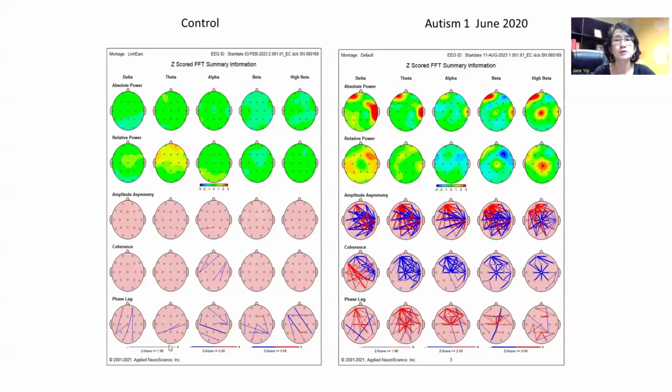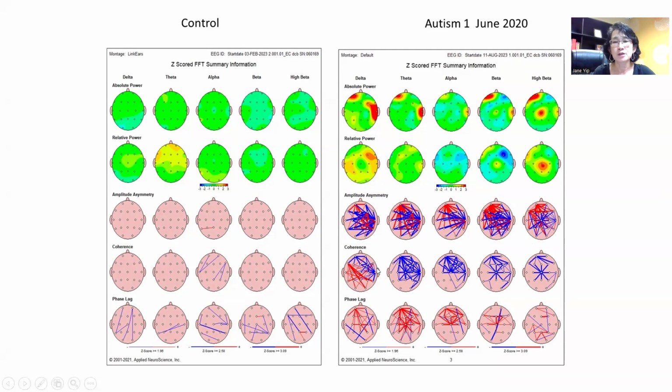This is an example of a typically developing child or a normal control on the left. This is a child with autism. Note a lot of amplitude asymmetry aberration, suggesting difficulty with neurotransmission, as we have seen.